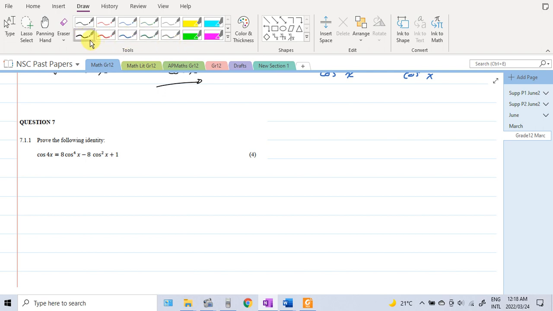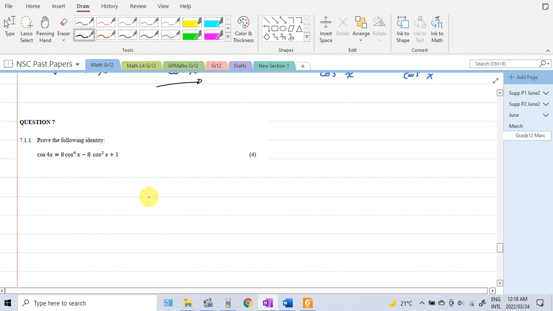So we got cos 4x, so let's say left hand side is equal to cos 4x. So let's write it as 2 times 2x. Right, cos 4x is 2 times 2x.